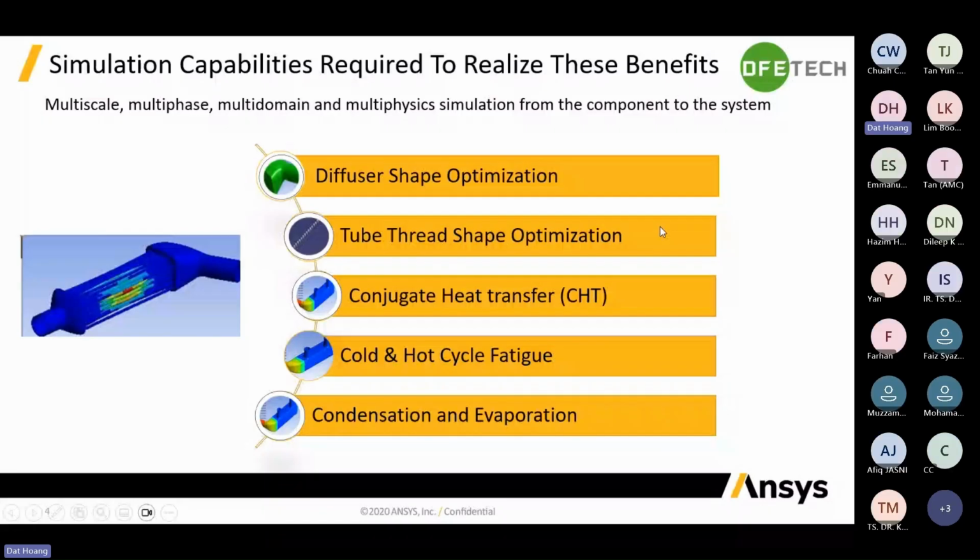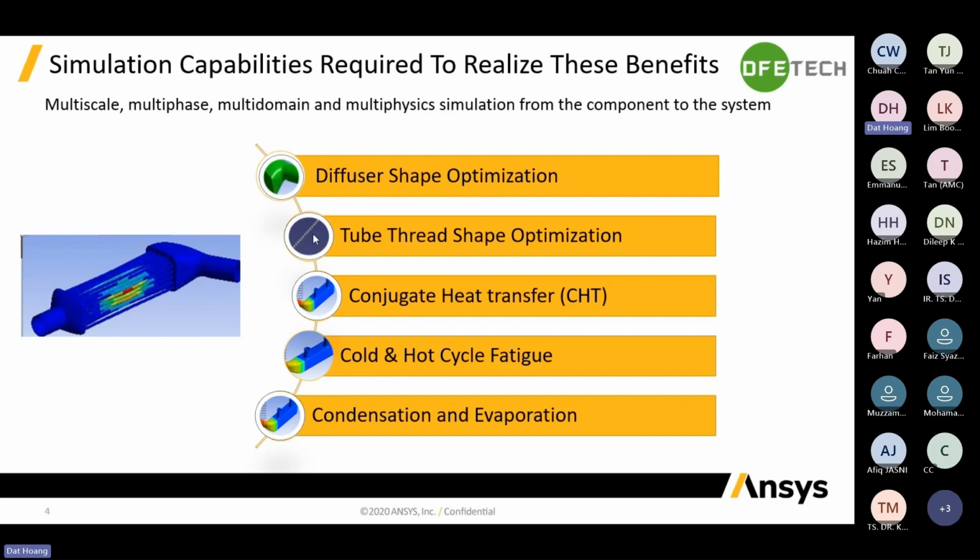Okay, so we come back to the advanced simulation capabilities we need to achieve the requirements in heat exchanger design. We need multi-scale, multi-phase, multi-domain, so multi-physics simulation, and we need tools to optimize the diffuser shape and the tube shape.